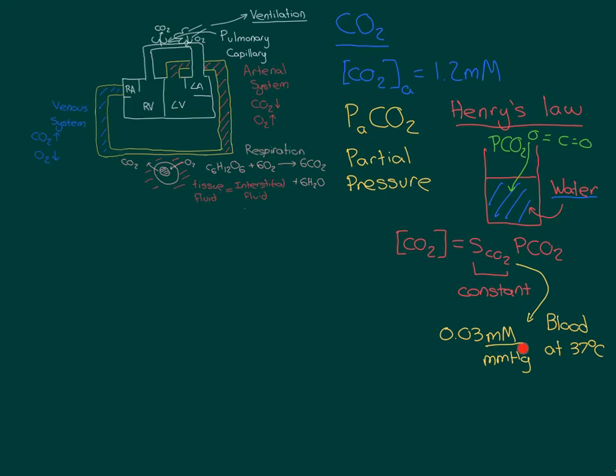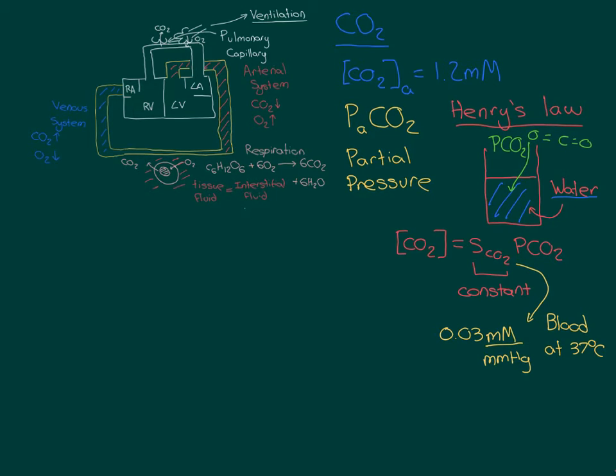And then here is our concentration, millimolar. So this is just telling us for each millimeter of mercury that you have in pressure, in partial pressure of CO2, how many millimolar, how many of these concentration units will you get dissolved in the blood at 37 degrees Celsius.